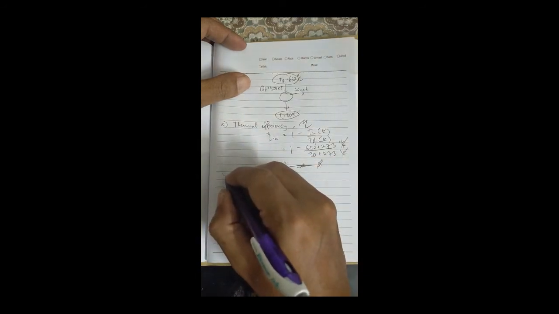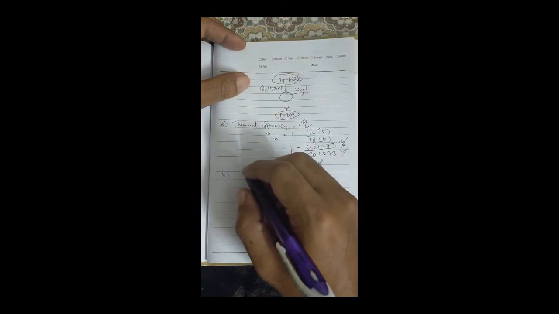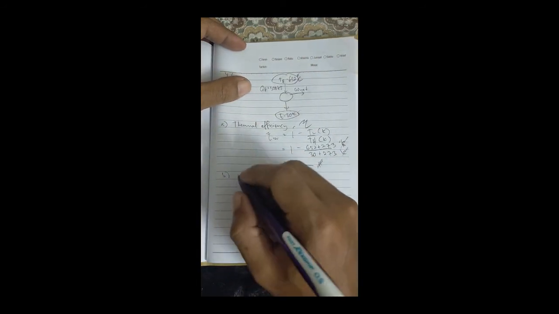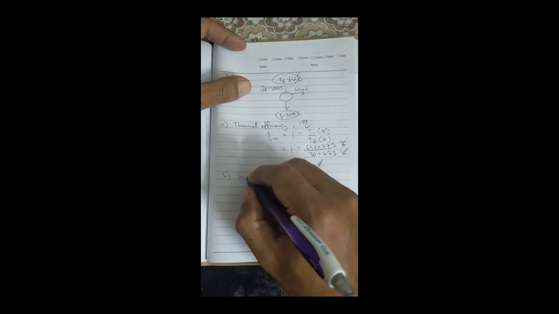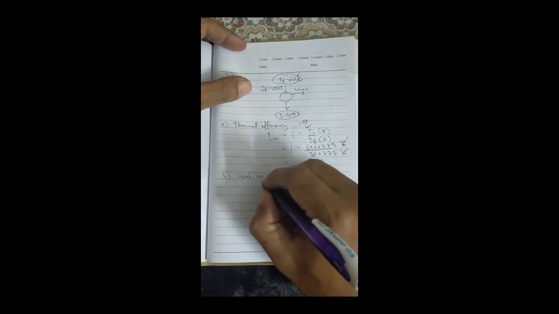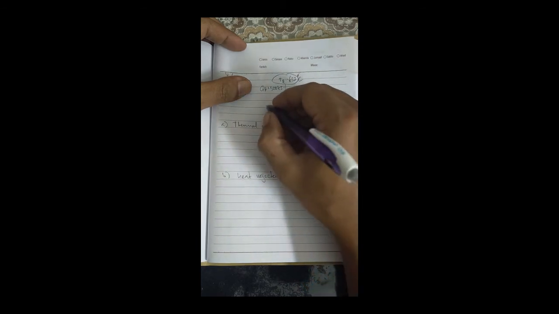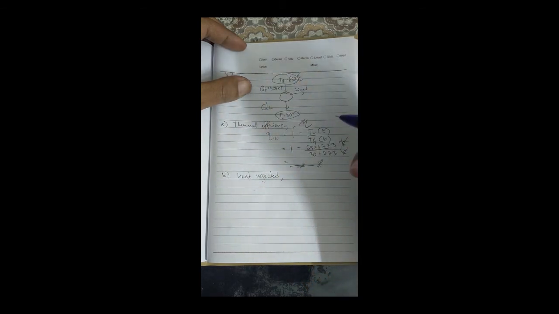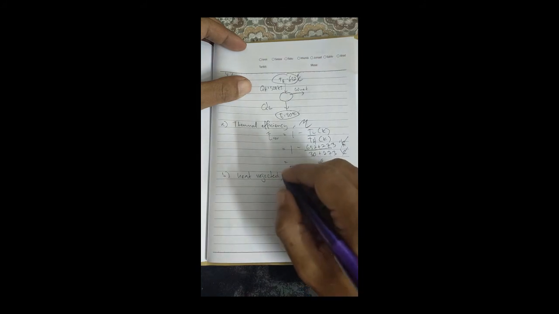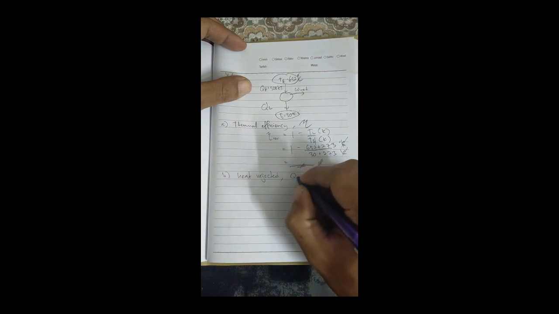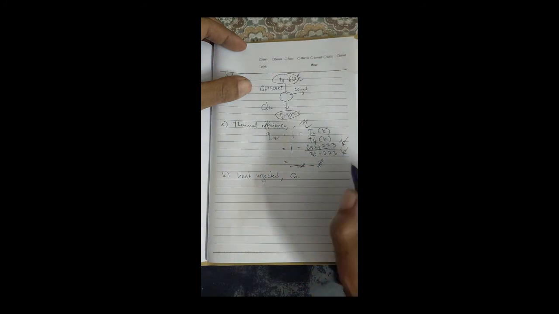B, heat rejected to the low temperature reservoir, which is your Q low, QL.